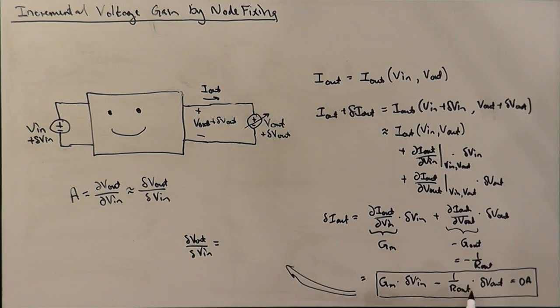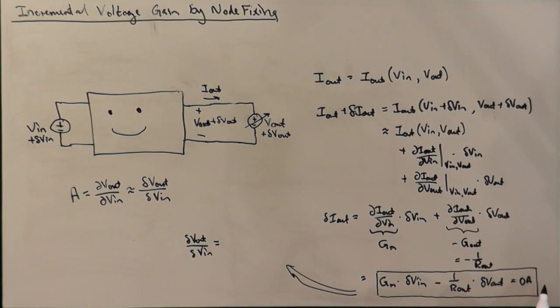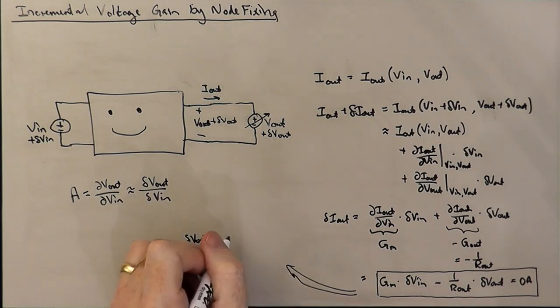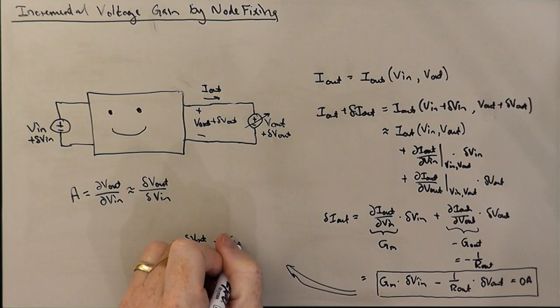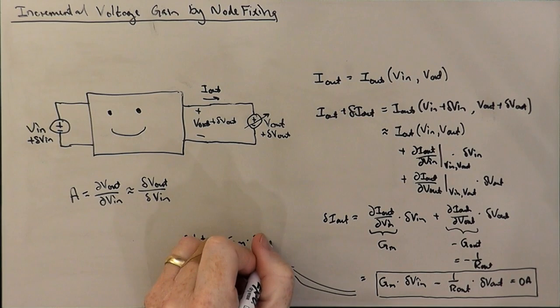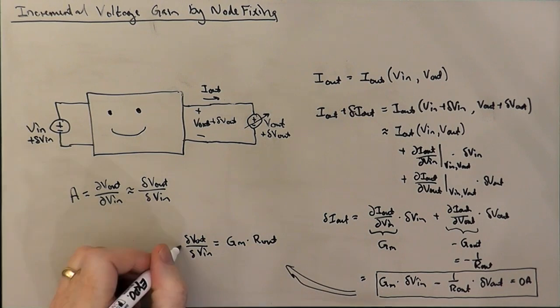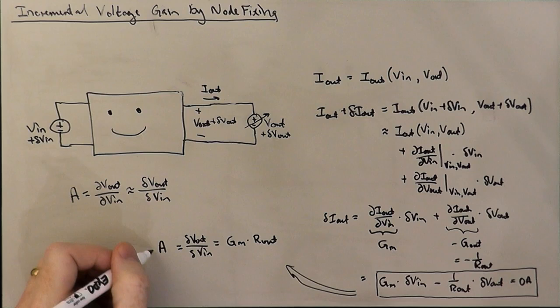So if we move this to the other side of the equation, we have basically delta V out over R out equals GM delta V in. We move the delta V in downstairs over here. We move the R out upstairs over there. It's basically equal to GM times R out. And this is the gain that we're interested in computing.